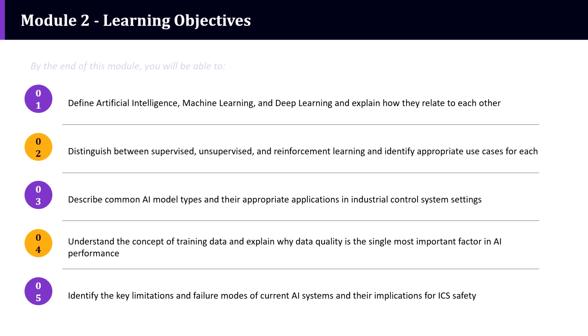Most artificial intelligence failures in industrial settings come back to data problems, not algorithm problems. And Objective 5. We'll have an honest conversation about what artificial intelligence cannot do and where it fails. This is the part that often gets left out of vendor presentations, but is absolutely critical for anyone deploying artificial intelligence in safety-sensitive industrial environments. Let's start at the top.